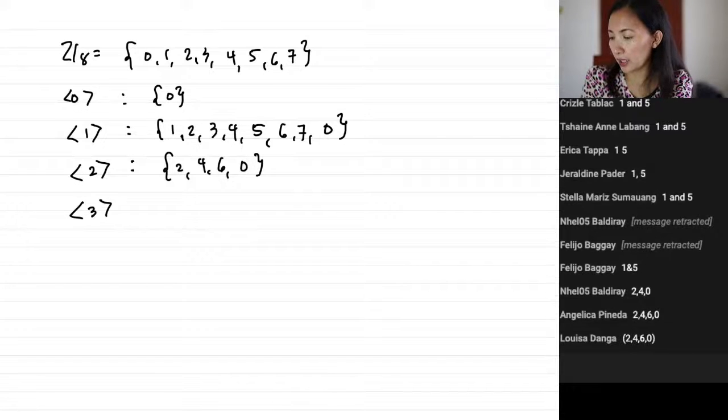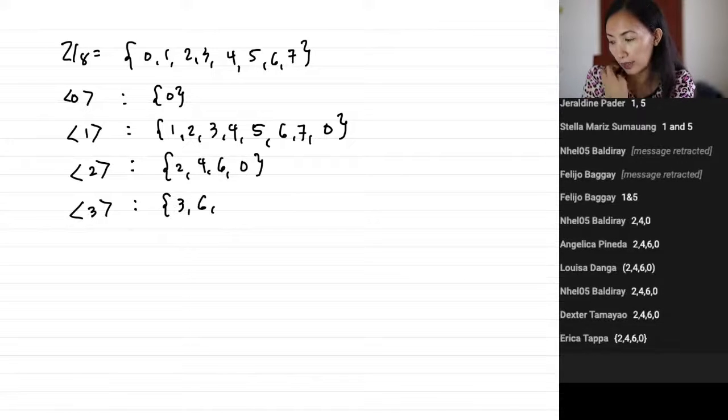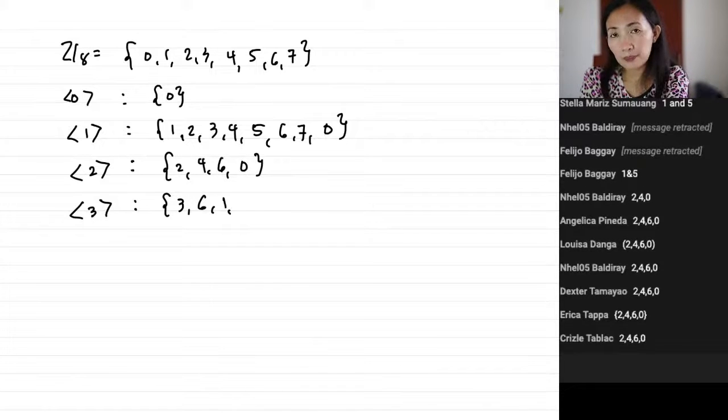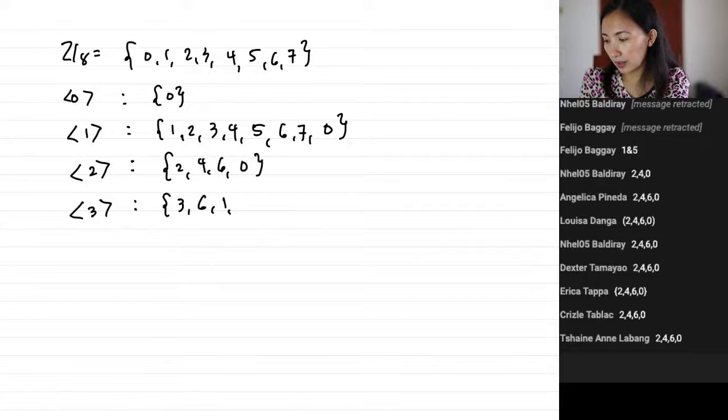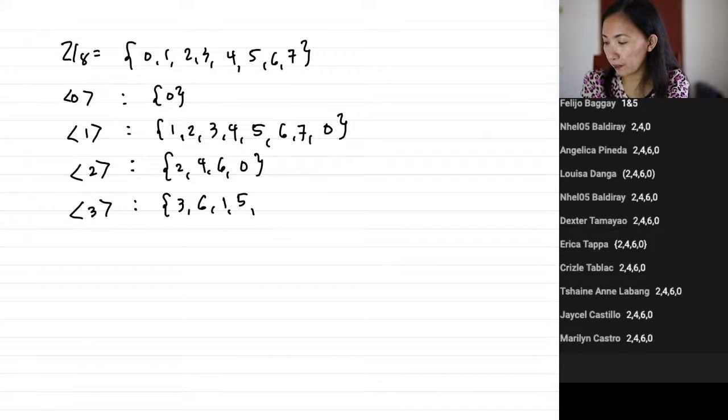What will be generated by 3? 3, 6, okay, 1. Tama? 3, 6. Bakit 1? Tama. 3 plus 3 is 6. Okay? 6 plus 3 is 9, modulo 8 is 1. Okay, plus 3. Can you follow?